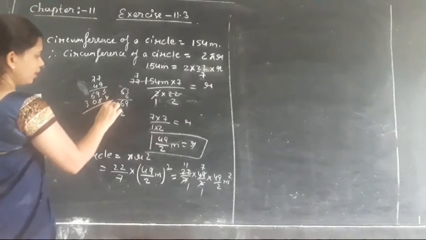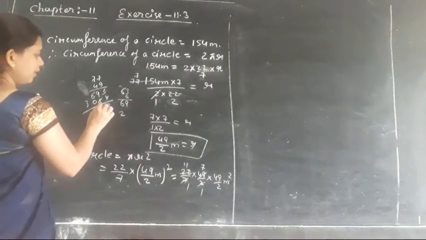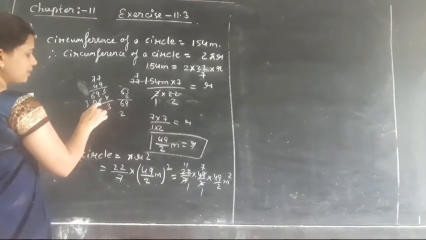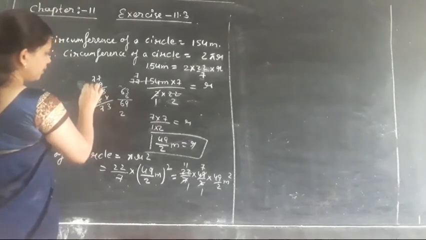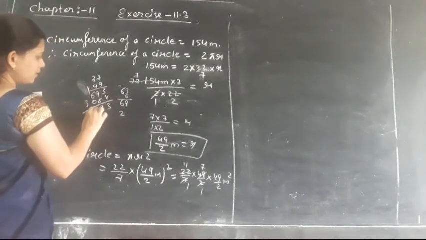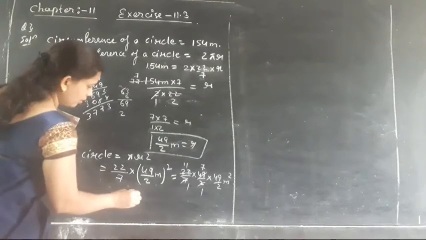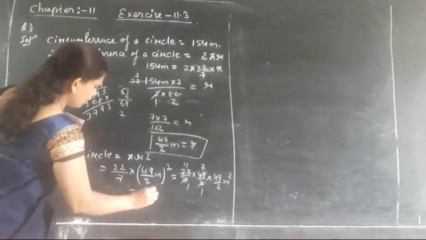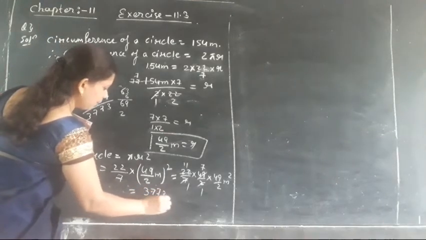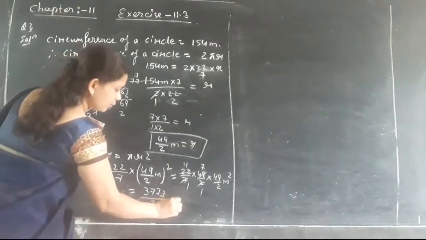So here 3, 8, 8, 9, 10, 8, 8, 16, plus 1, 17. Okay, so 6 plus 1, 7 here. So the required answer is 3773 upon 2 meters square.